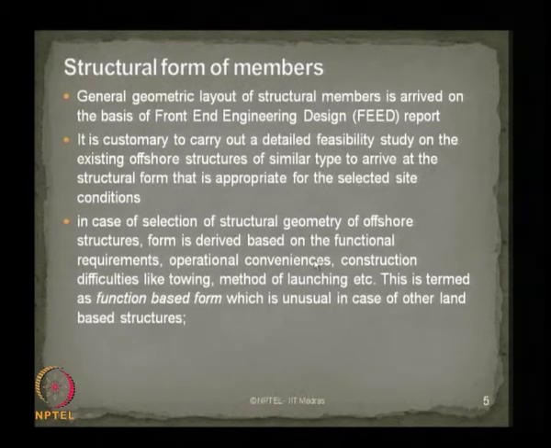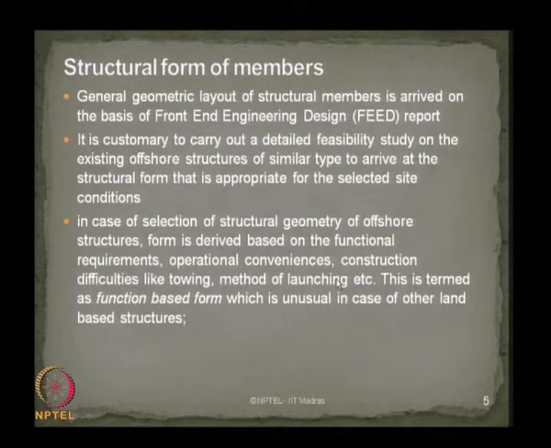People also look at conveniences in terms of construction difficulties and installation problems. That is why we call this a function based form, which is unusual in the case of other land based structures.